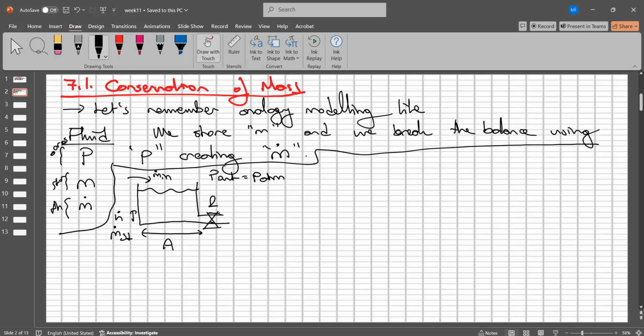Okay, so in here we can derive the m out dot because the flow is passing to the outside, and also we can derive the P out value as equal to the P ATM, right? Because the atmospheric pressure is applied on the two sides, input and output.